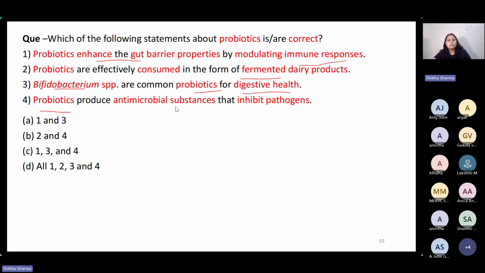And fourth, probiotics produce antimicrobial substances that inhibit pathogens. So we need to tell which statement is correct here. Who would like to answer this question?